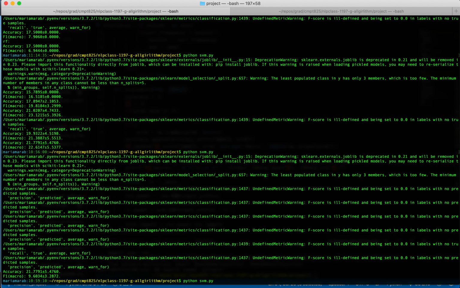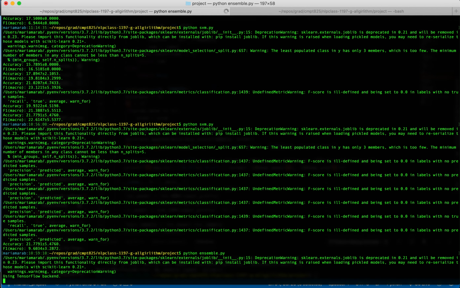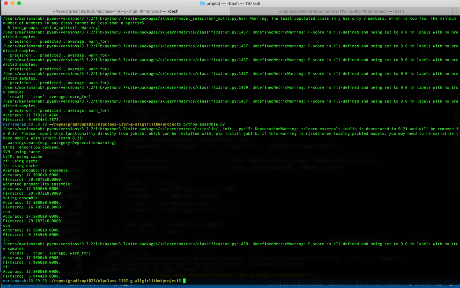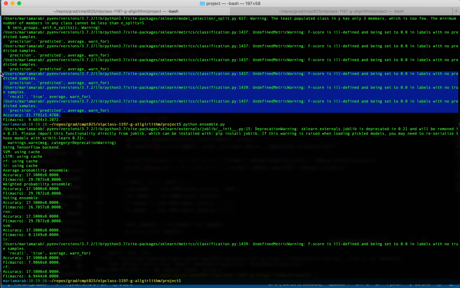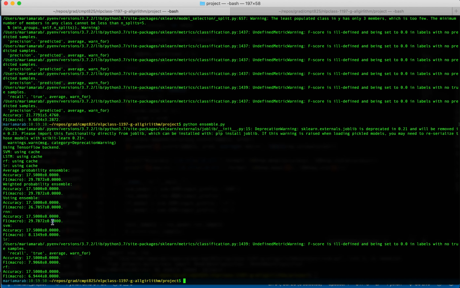So when I do that, I get this score for the SVM, and there isn't much of a difference between them, but the difference between the SVM and ensemble.py is further exacerbated the bigger the data is.